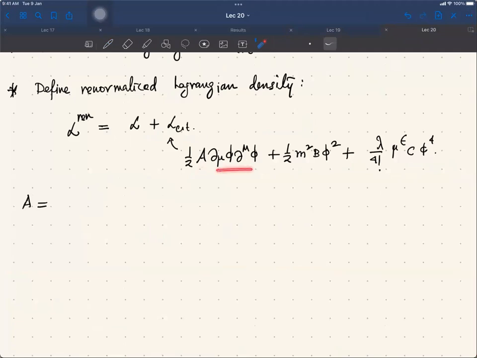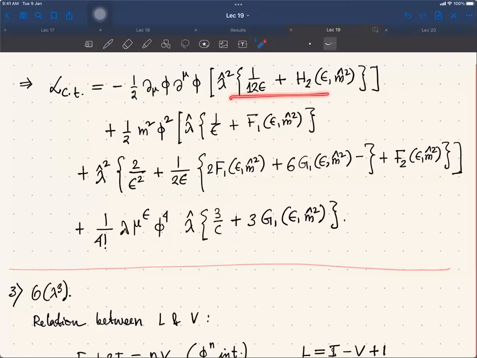We have the same terms of the original Lagrangian, but now with different coefficients a, b, and c, where a, b, and c are given by these expressions. Okay, so there should be a -1 here, so there are some typos.